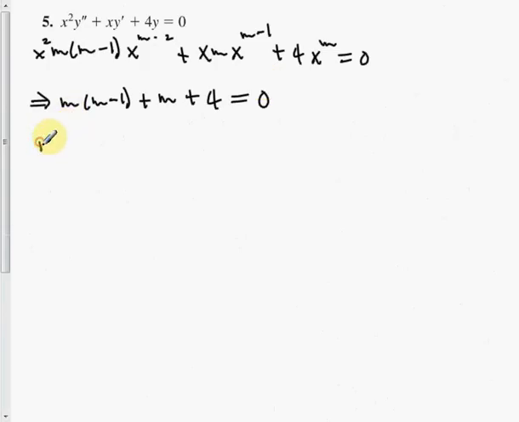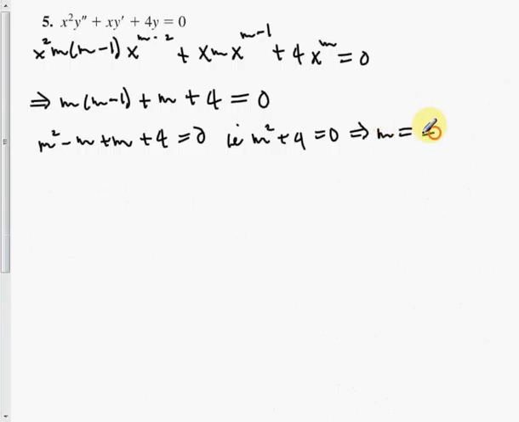So this is m squared minus m plus m plus 4 equal to 0. We get m squared plus 4 equal to 0. That implies that m is equal to plus or minus 2i. So alpha is 0 and beta is equal to 2. So we go by the formula.